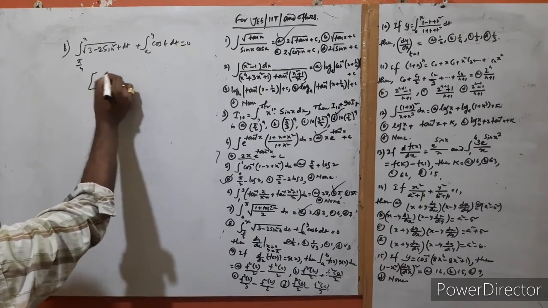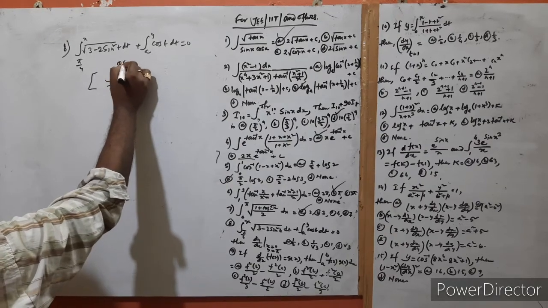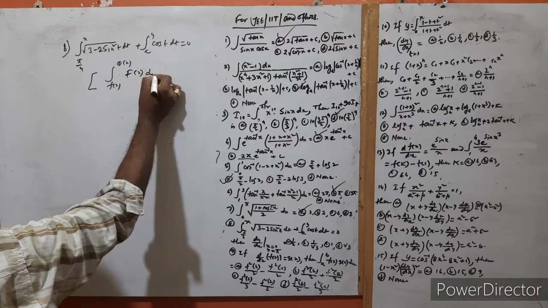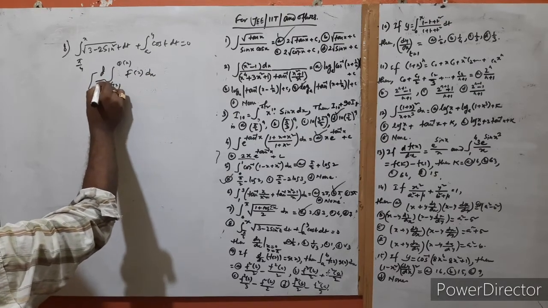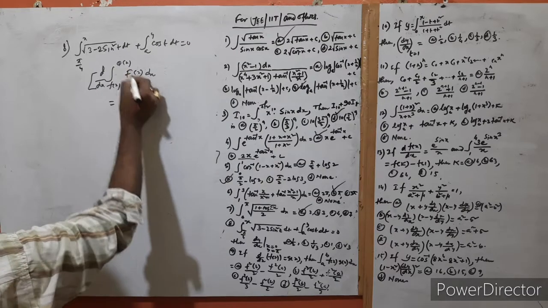So see the property, this is f of x and phi of x, and this is capital F of x dx. If we differentiate this, we can apply f of phi of x.